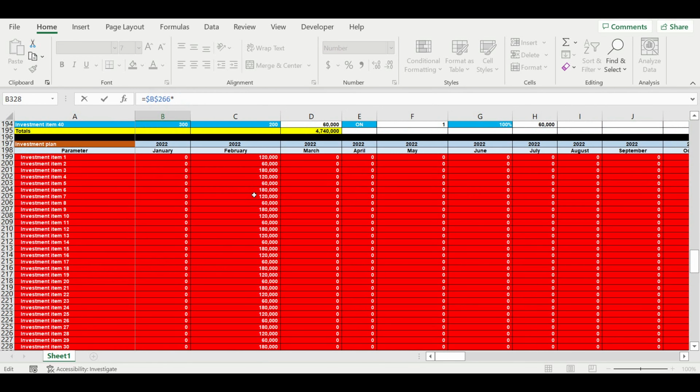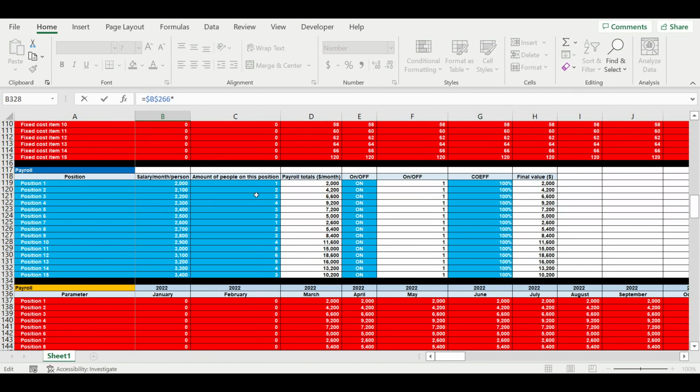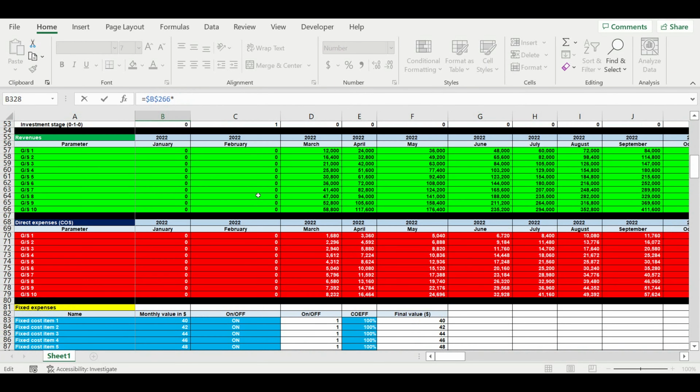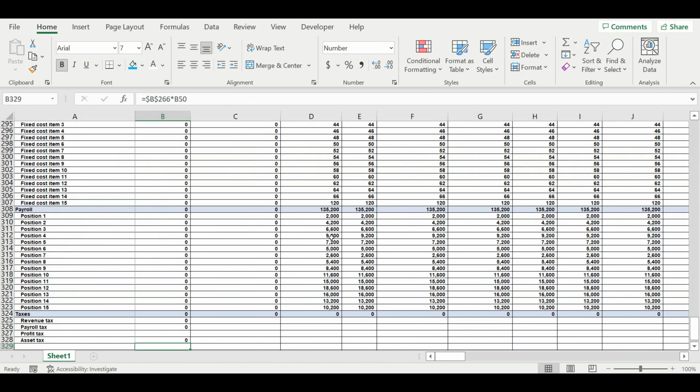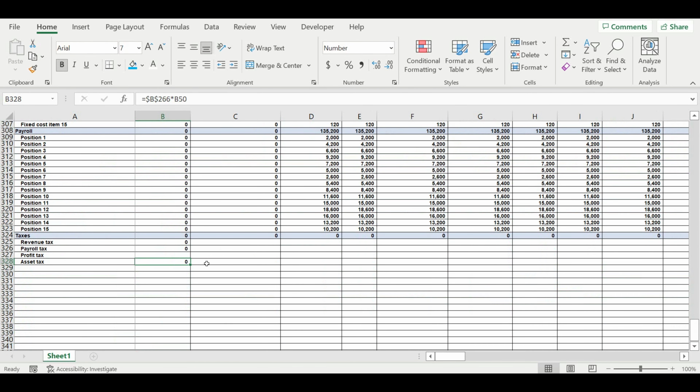We're going to our timeline, and when we do have the operating activity, this means 1, we start paying this tax. So we're linking this tax to this line. Then we are creating totals. We will calculate profit tax a little bit later when we will add a loan.